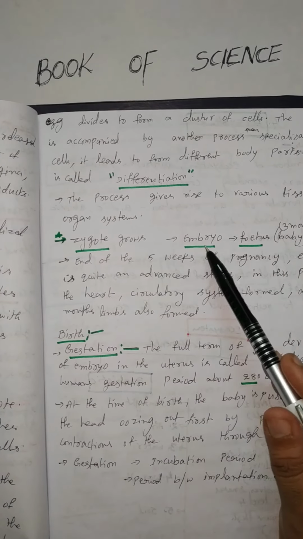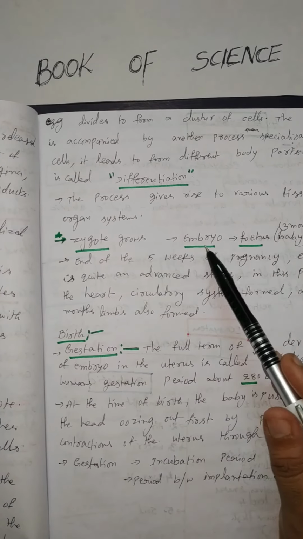What is the meaning of implantation? This is the uterus. This is the zygote. So the zygote is fixed into the uterus. Implantation means fixing here in the uterus wall.